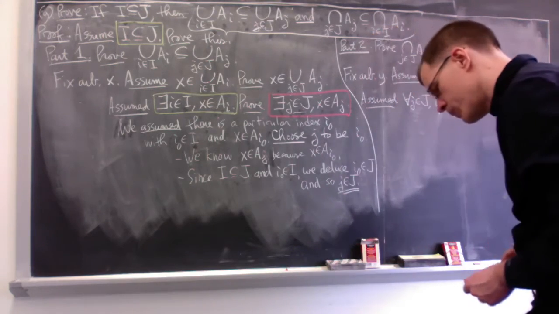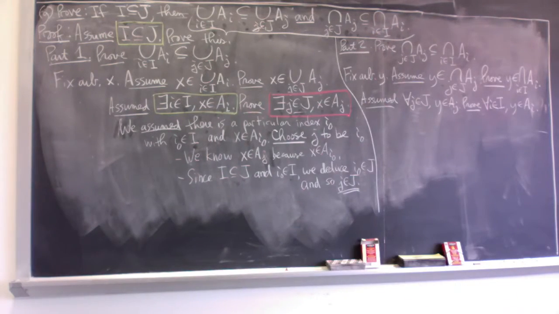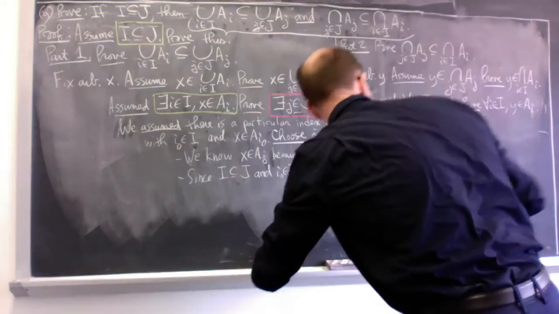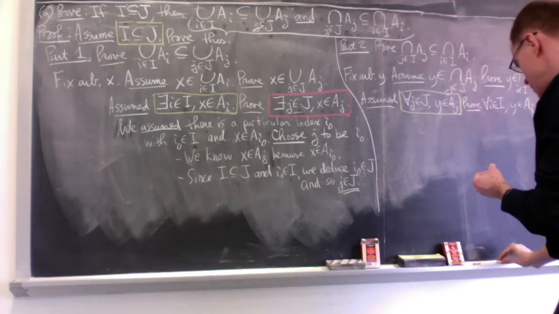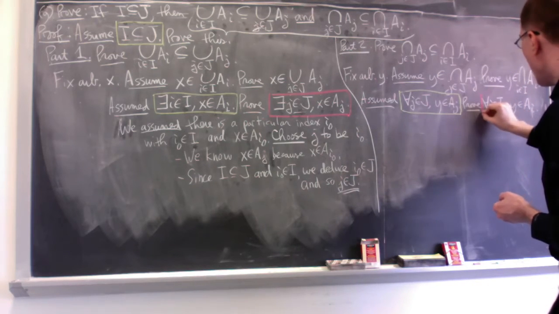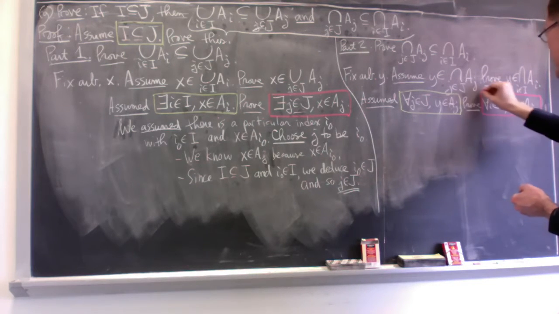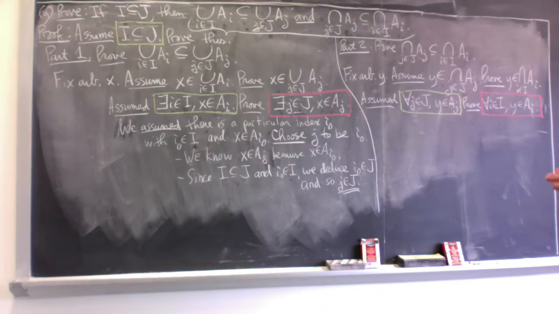Once again, I'll circle things with these colors to try to keep track of the assumptions in green as they get expanded, and the goal in red to be proved.